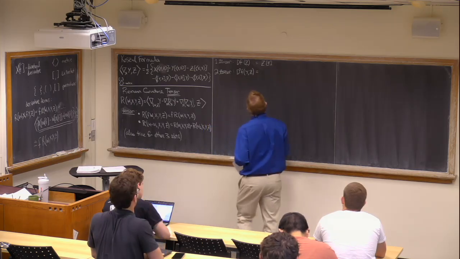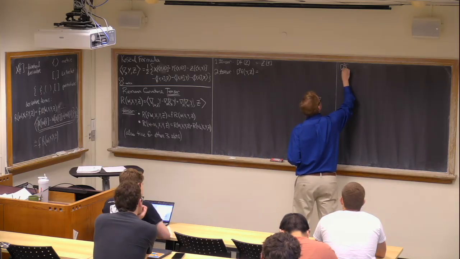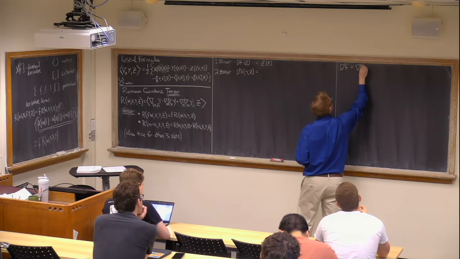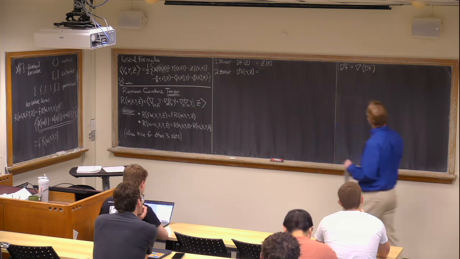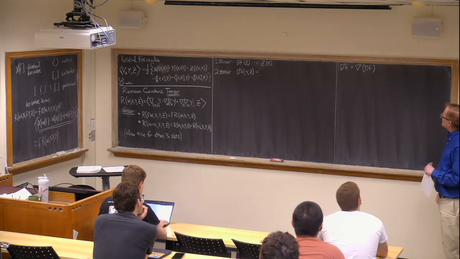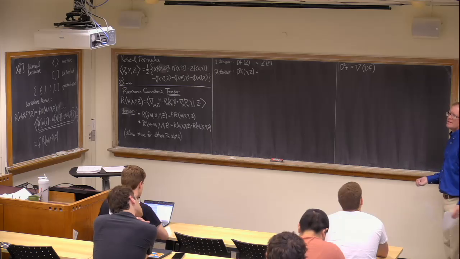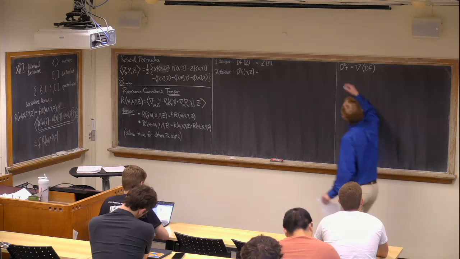Before I write down what this is exactly, I want d2f to equal the covariant derivative of df. Now you're like, what do you mean exactly? Obviously the Hessian is like the derivative of the gradient, right? In some sense. And so this is where we want to make sense of this.